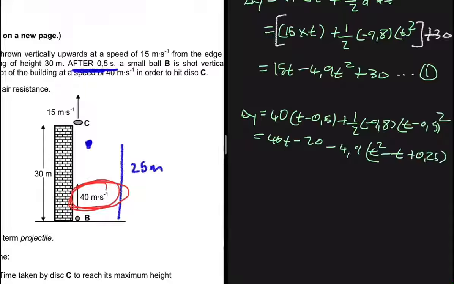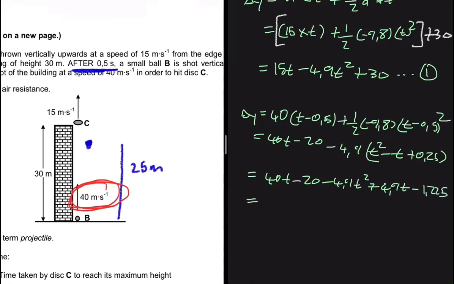And then we're going to have 40t minus 20, and then minus 4.9 t squared plus 4.9 t minus 1.225. So now we just have to solve that, right?